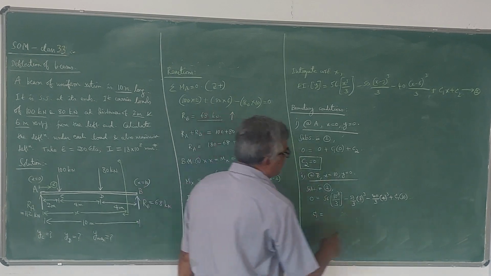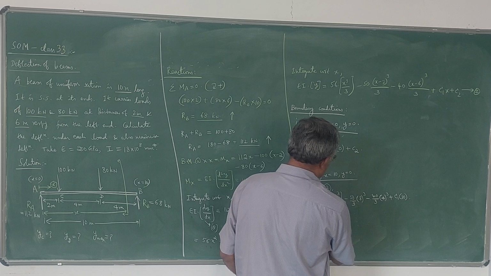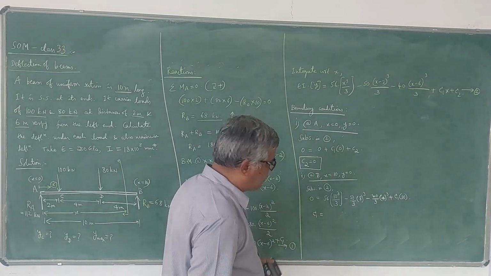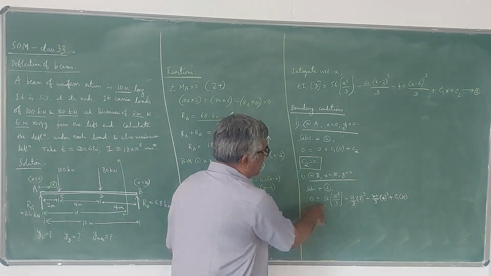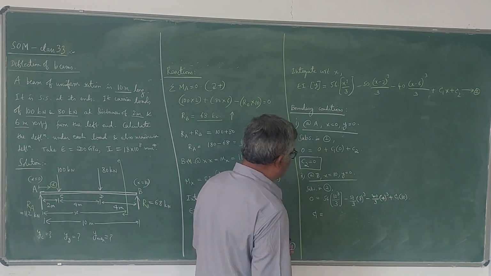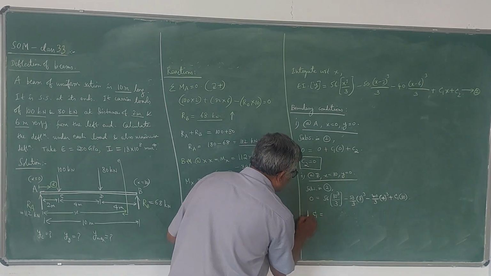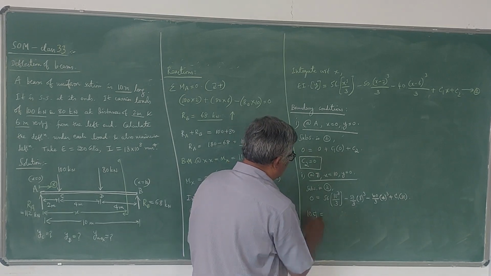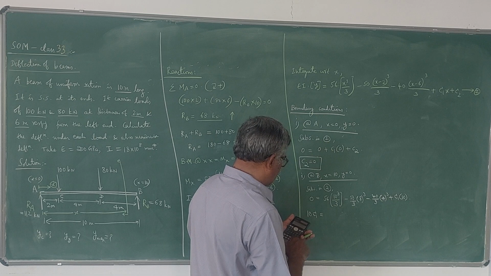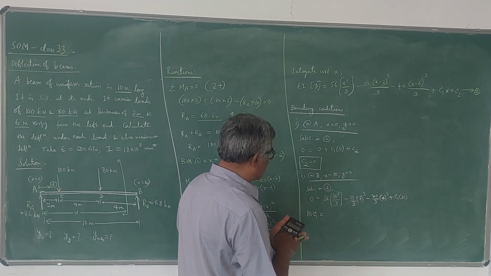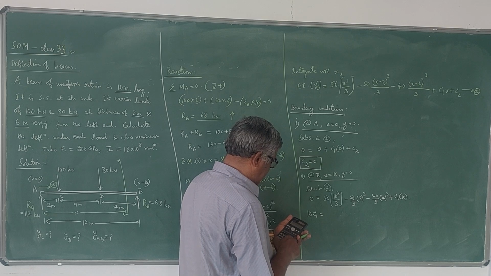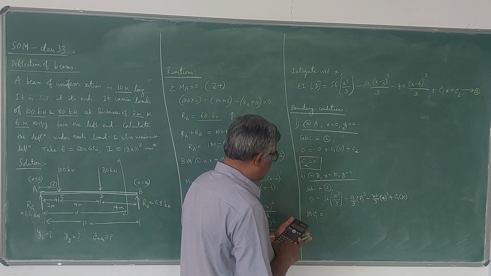If I take all these terms to the LHS, the signs will be opposite. So 10 C1 is equal to: first value, minus 56 into 1000 divided by 3.